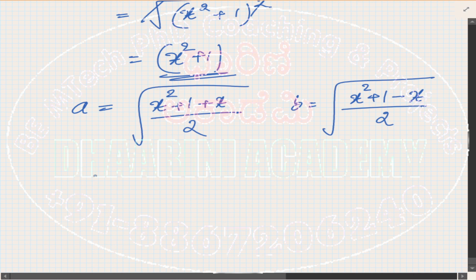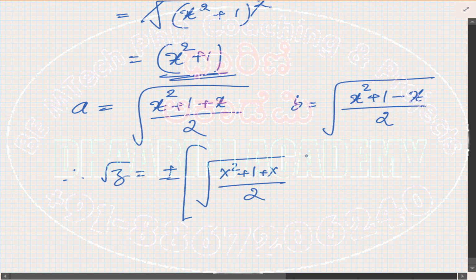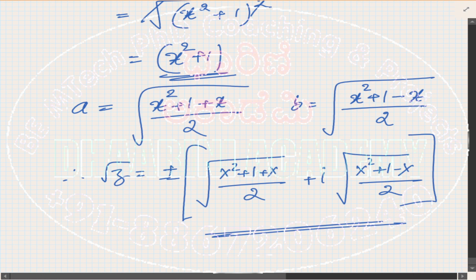So therefore the required answer, the root z is equal to plus or minus root of x square plus 1 plus x by 2. Since the given term has a positive imaginary part, so root of x square plus 1 minus x by 2 is the final answer. Okay, fine.